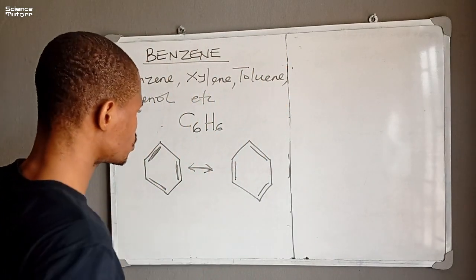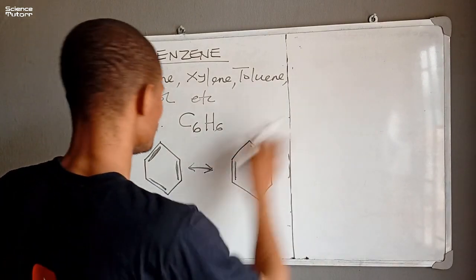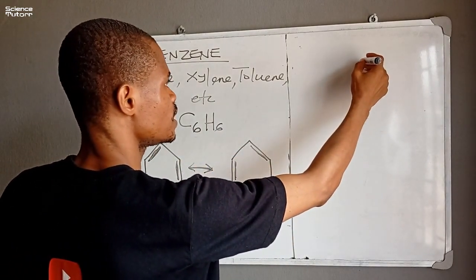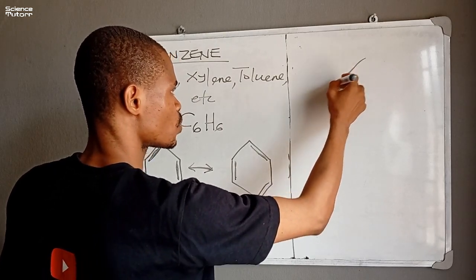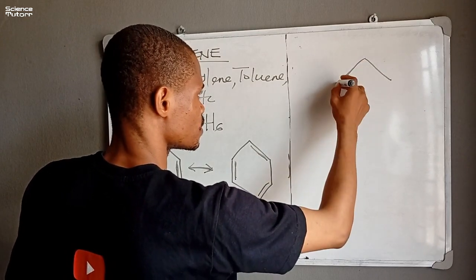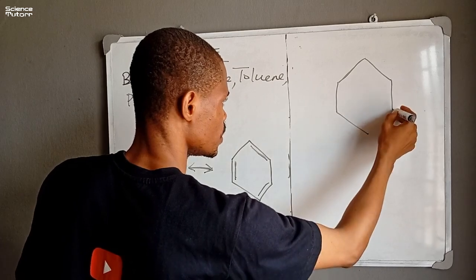So, from bond length studies, it was also seen that the structure of benzene, based on this resonance, can be written in this form: a hexagonal structure carrying a circle, a cyclic figure in it.